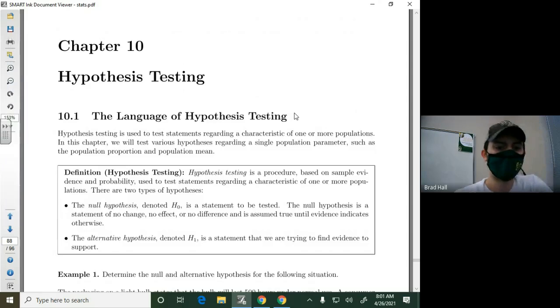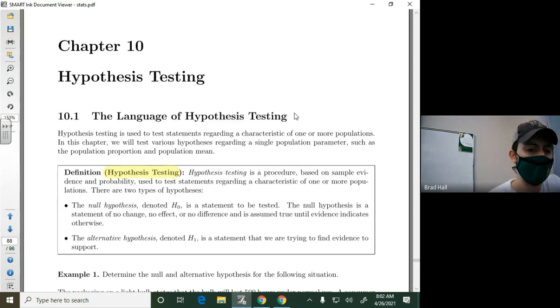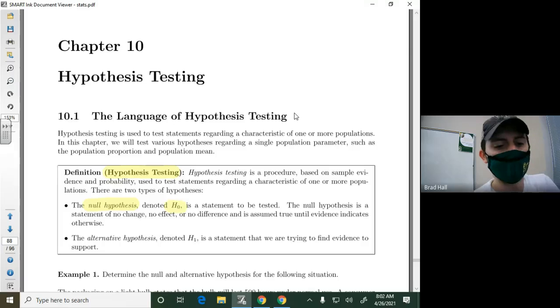Some of this terminology under the idea of hypothesis testing, to set the stage, is a procedure used to test statements regarding a characteristic of one or more populations. Really, we're going to be looking at one population, but mainly what's important is the null hypothesis, which is denoted H with a little zero next to it.